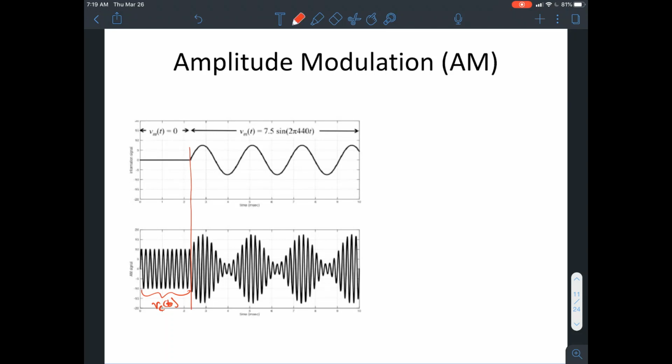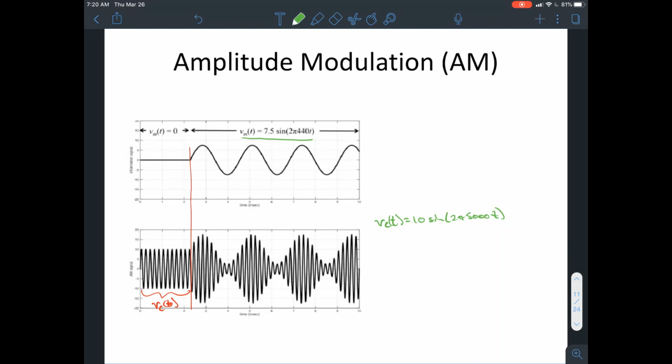And these two signals, we have V sub m given there, but just, you know, V sub c of t equals 10 sine 2 pi 5,000 times t. So we can see that even when these things are together, when they are modulated, they have their individual frequencies and then they have a collective frequency.